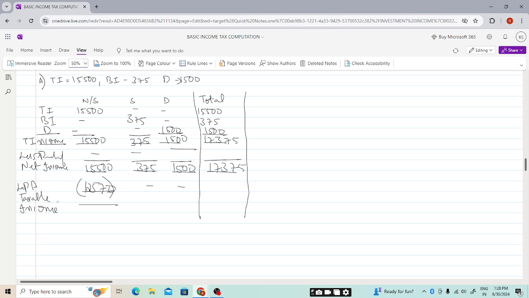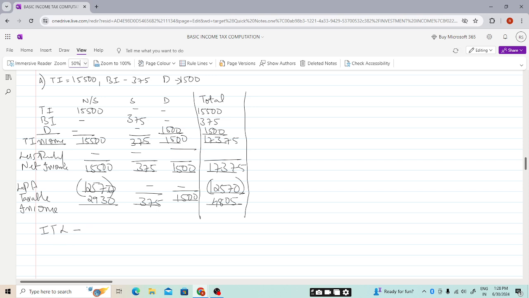What will be our taxable income? For non-saving, 2,930. For saving, 375, and for dividend it will be 1,500. So our total taxable income will be 4,805.